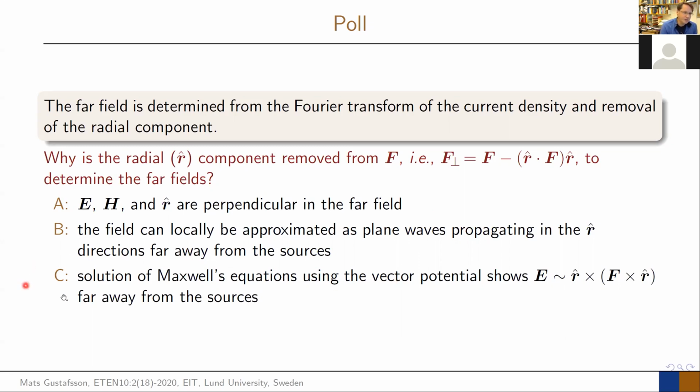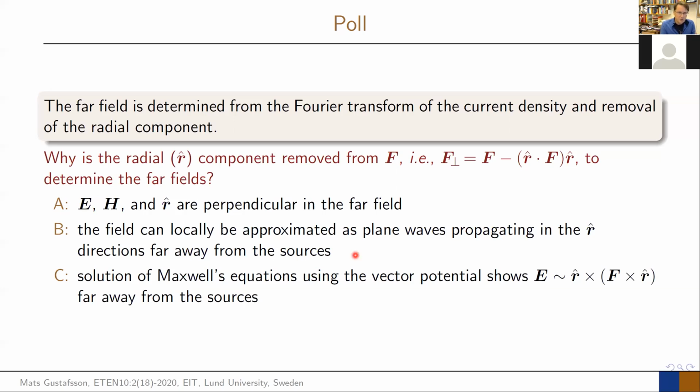C down here is, of course, the most strict version, because you really mathematically show this and what the assumptions are. It requires, of course, more vector analysis and electromagnetics to do it. A and B are much more physically intuitive in some ways. They almost say the same thing.